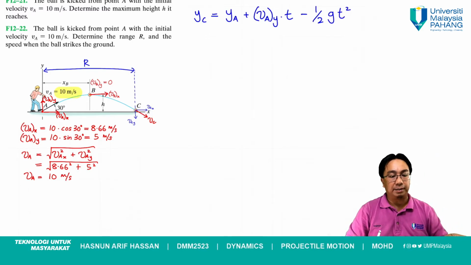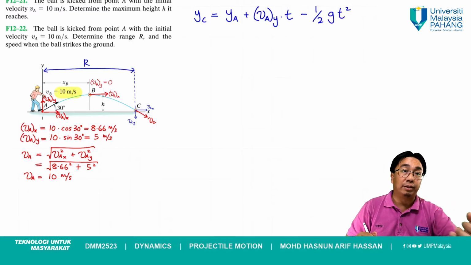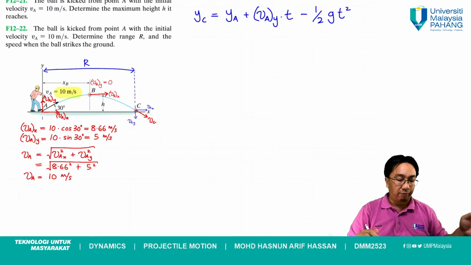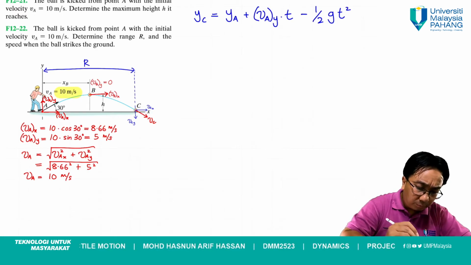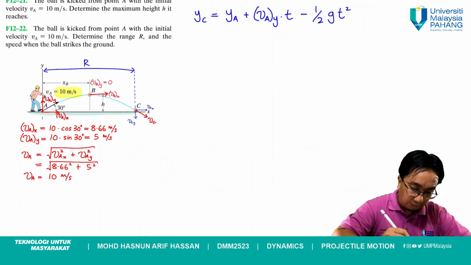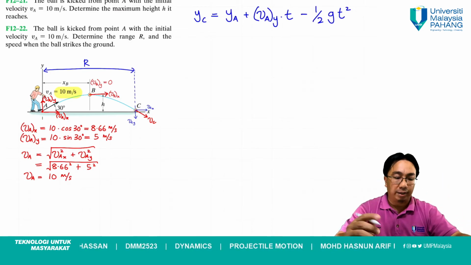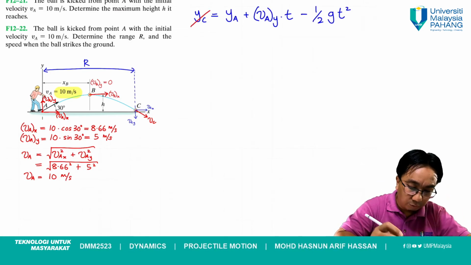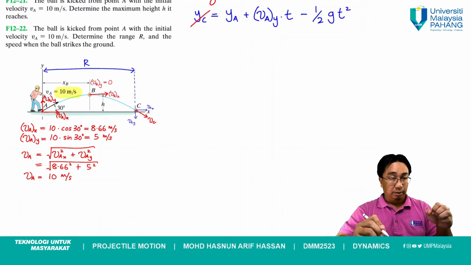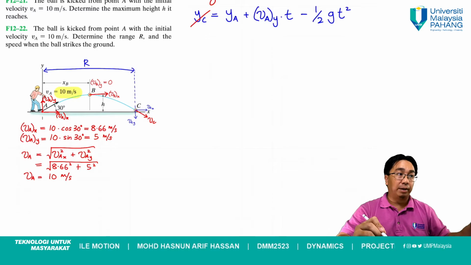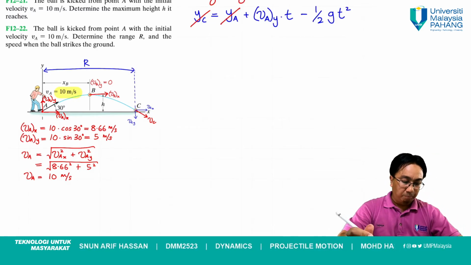Okay, daripada sini kita akan dapat value of t, what is the time taken untuk dia travel daripada point A ke point C. Okay, yc ini kita tahu because pada point C dia dah landing atas ground balik, so yc will be equal to 0. Ya pun kita tahu dia mula-mula dia sepak tu bola tu pun berada pada ground, jadi kosong, so ya pun sama dengan kosong.